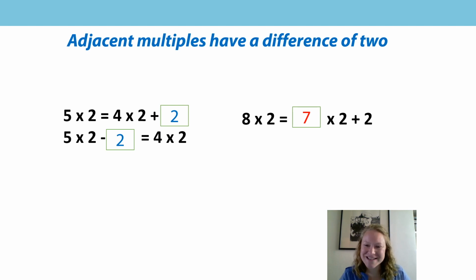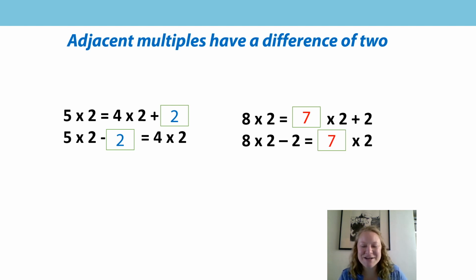It's 7, isn't it? 7 lots of 2, 7 2's plus one more 2 gives us 8 2's, is equal to 8 2's. Let's have a look at this one then as well. 8 2's take away a 2. Think about what we're doing there. 8 2's take away one of the 2's leaves us with, is equal to 7 2's. Well done, everyone. Brilliant. We've really got the hang of this now.